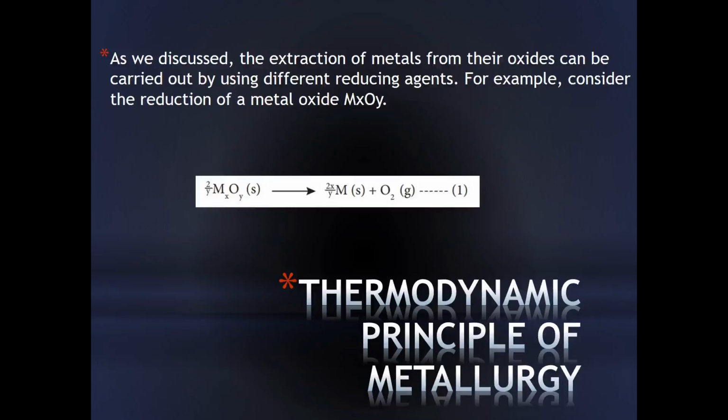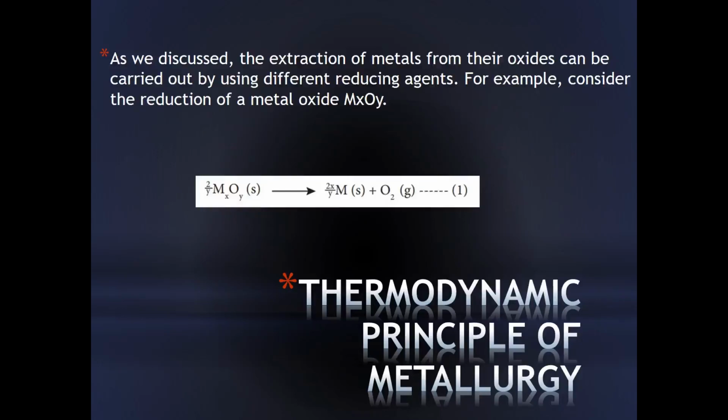So, in the thermodynamic principle of metallurgy, we take the Gibbs free energy function, denoted by del G. The change in Gibbs free energy, del G equals del H minus T del S.